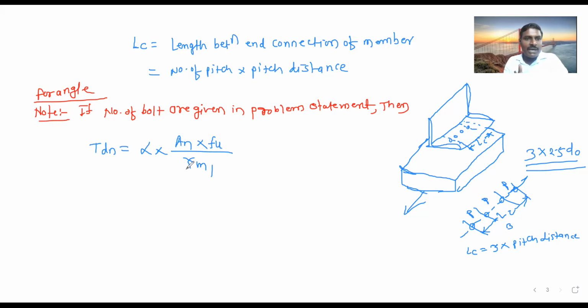For angle we have seen the TDN formula, that is for beta. But one more formula is there, and the condition for it is very important. Remember, we have to use the beta formula, but if number of bolts are given in the problem statement, then you have to use this formula for the calculation of design strength due to rupture of critical section for angle.